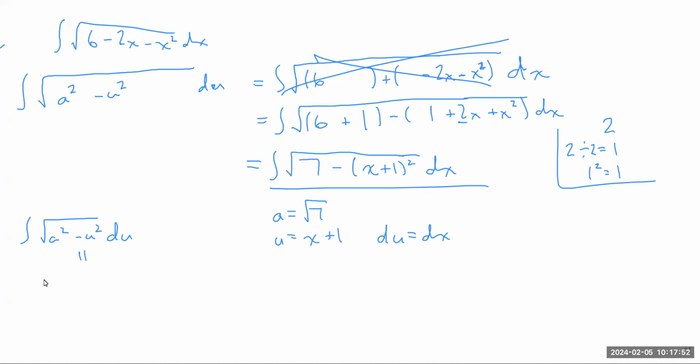It's 1/2 x times the square root of x squared plus or minus a squared, and then plus or minus 1/2 a squared, and in parentheses, x plus the square root of x squared plus a squared.